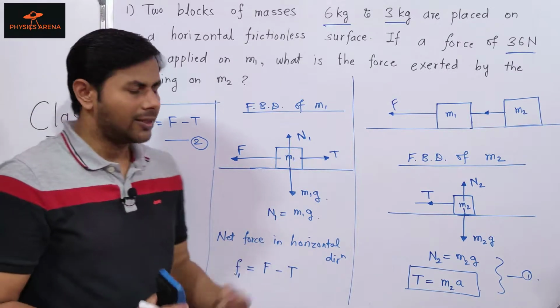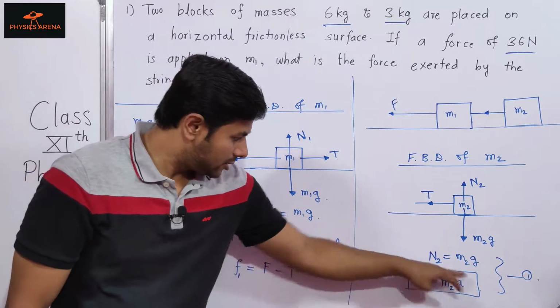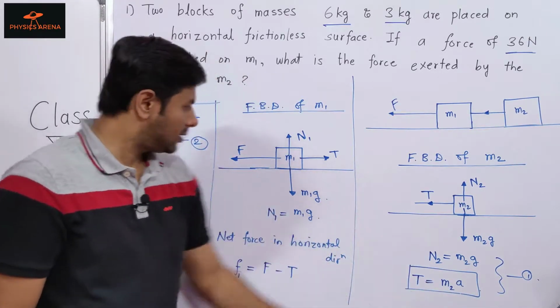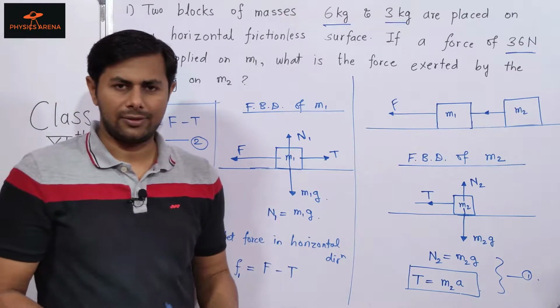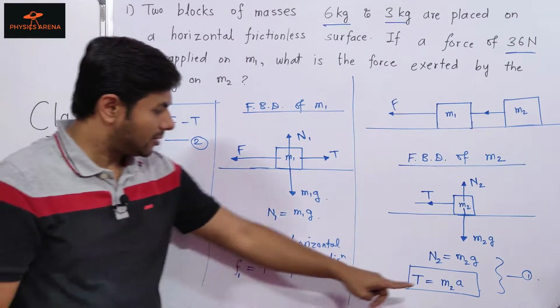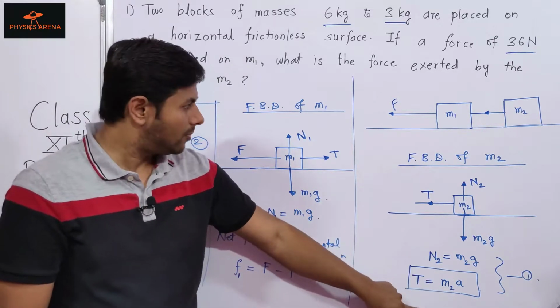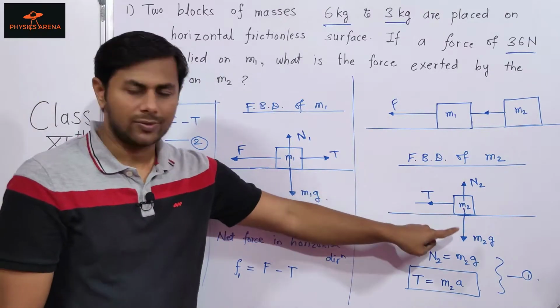Now what I can do is substitute equation number 1, specifically this equation, in equation number 2 to find the acceleration. After finding the acceleration, we can substitute it back into this equation to find the force exerted by the string on m2.